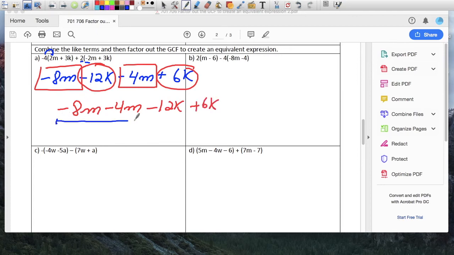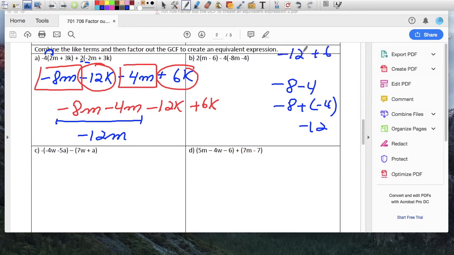So I can combine these two, and that becomes negative 8 plus negative 4, so negative 12. So it's negative 12m. This one is negative 12 plus 6. There's more negatives, right? So it's going to be minus 6k. Now I want you to do the factor out.